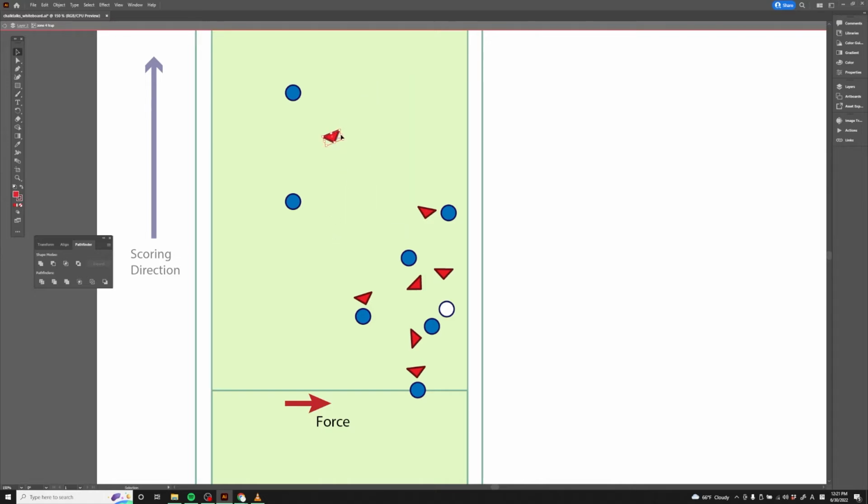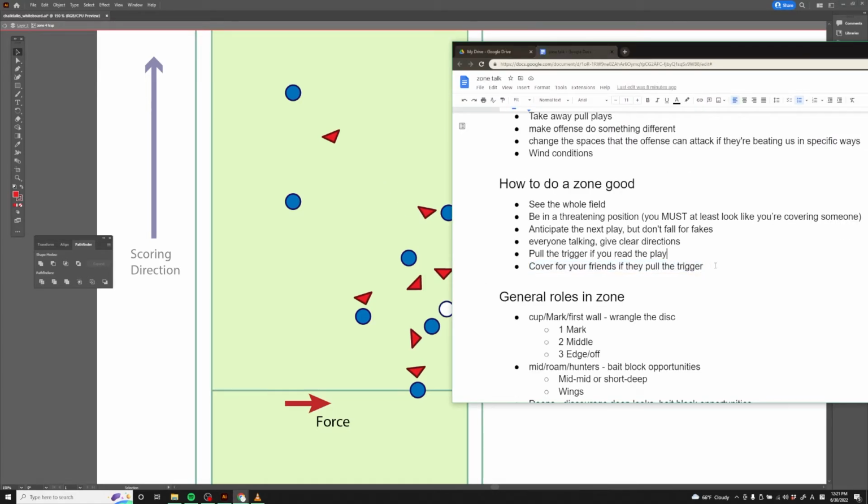Now, this defender has a lot more responsibility, but the options have narrowed. So now it is your job as the second defender to adjust if needed to cover this space or to cover whatever space is left. Hopefully that makes sense.